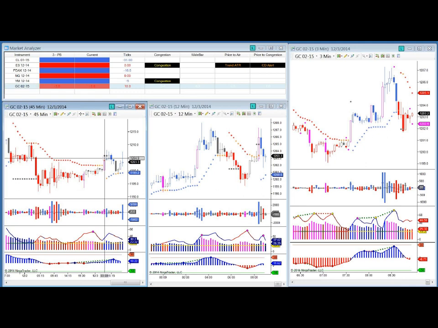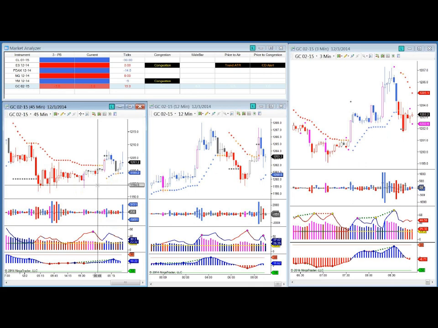Now, here's something that I'm noticing because we did the alert where it changes the ATR color. So anytime price gets, I'll go through this slowly because my mind's spinning this morning. On the 3-minute, it's 5 ticks. On the 12-minute, I have mine set to 10 ticks.